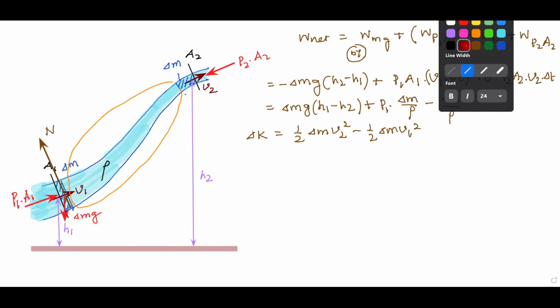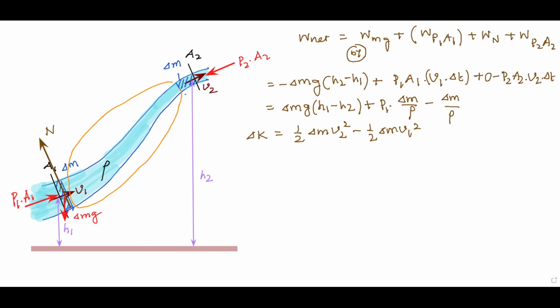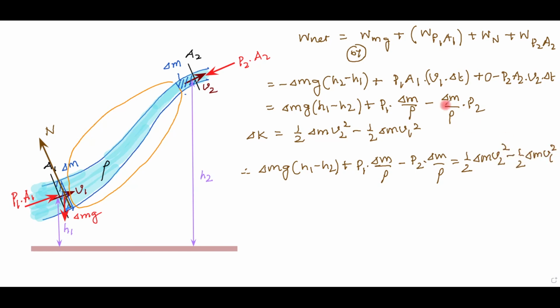Hence del m g (h1 minus h2) plus P1 del m by rho minus P2 del m by rho equals half del m v2 square minus half del m v1 square. Now cancel del m.